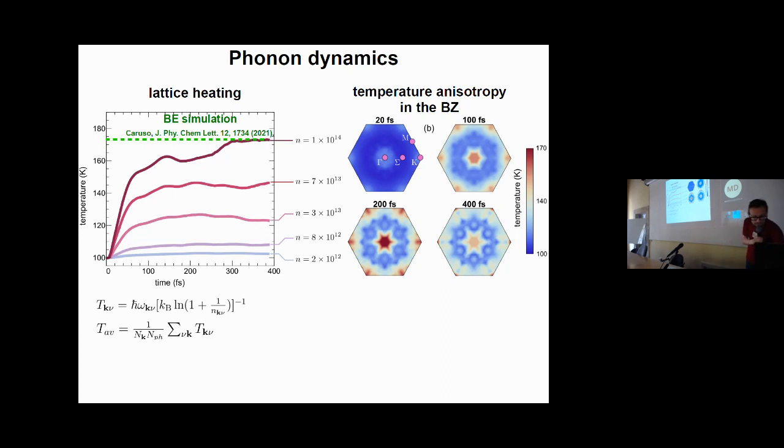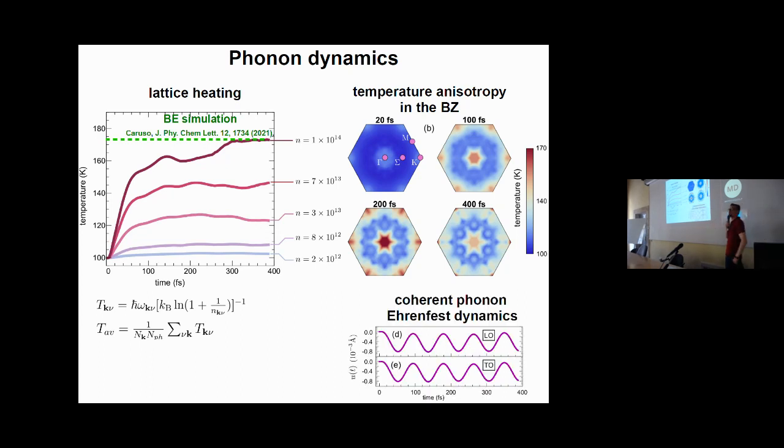And last but not least, we can also see how the nuclei move in real time. So this is how the oscillations along two normal modes, the longitudinal optical and transverse optical mode of the material, evolve as a function of time.